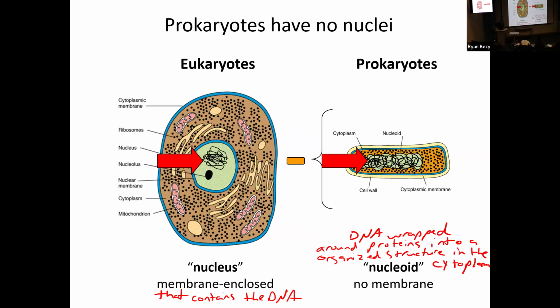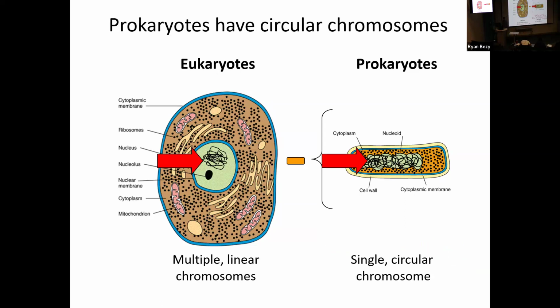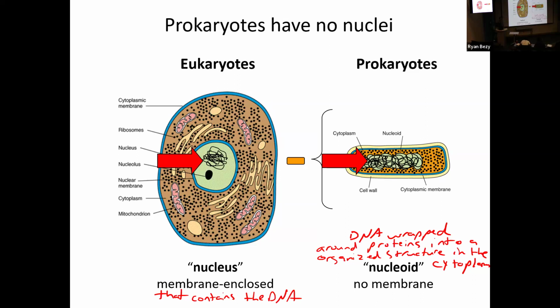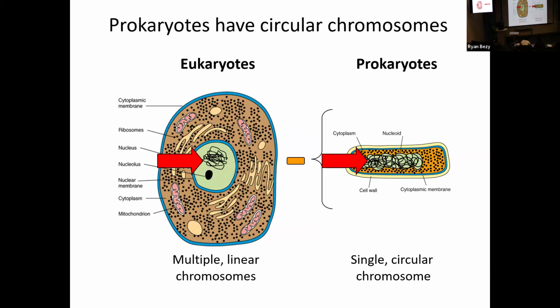All right, there are some other differences as well between a eukaryotic versus a prokaryotic cell. For instance, if we look at their DNA structure, eukaryotes, most of the time, have multiple chromosomes, and those chromosomes are linear. They might have 1, 2, 3, 4 chromosomes, and those chromosomes have ends.